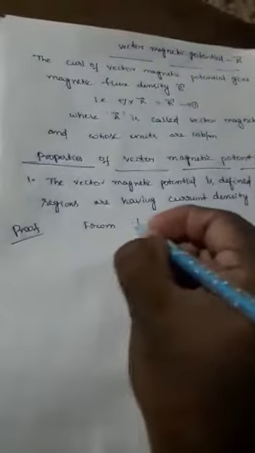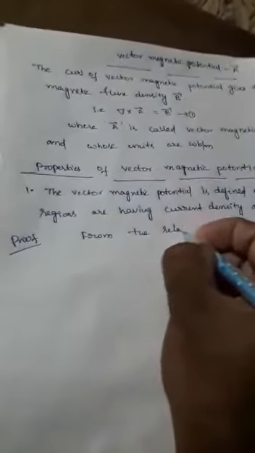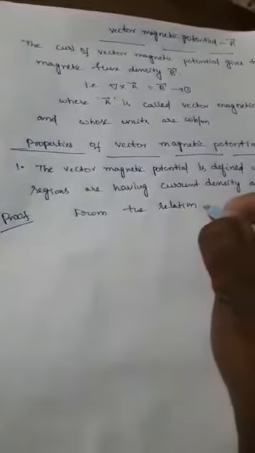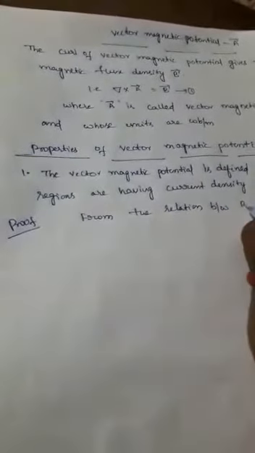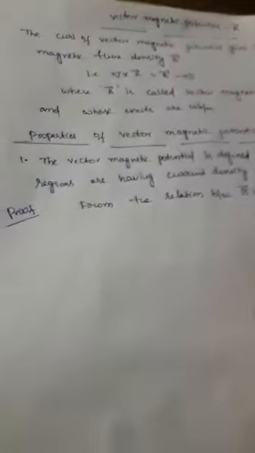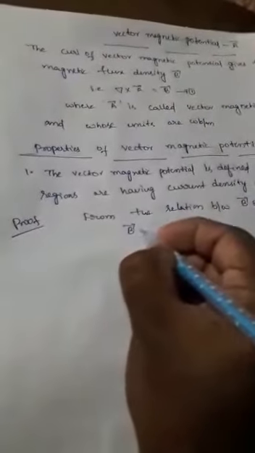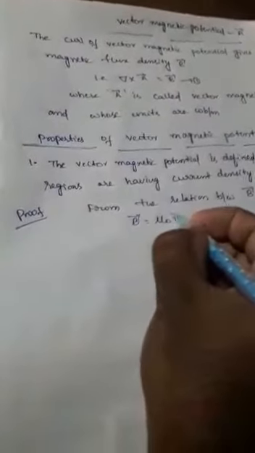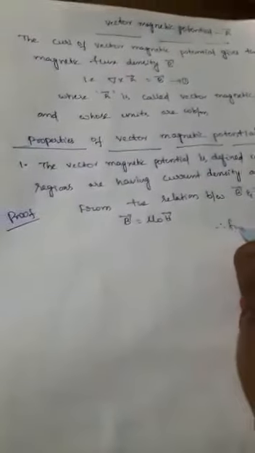So how to prove this statement, the first property? From the relation between B bar and H bar, B bar is equal to mu naught into H bar for free space, where mu r is equal to 1.